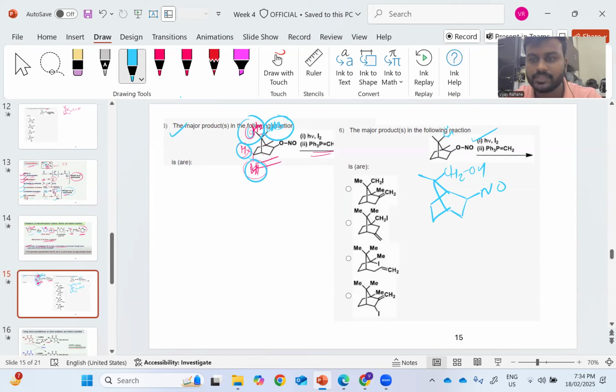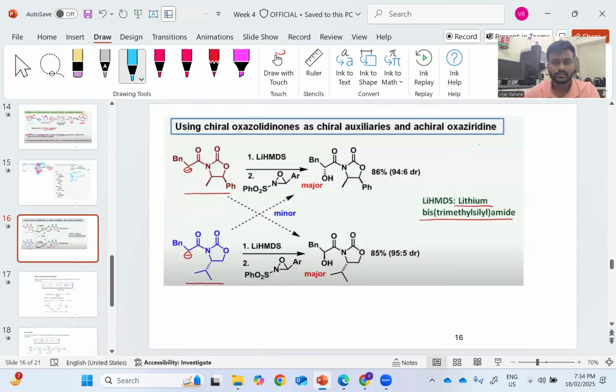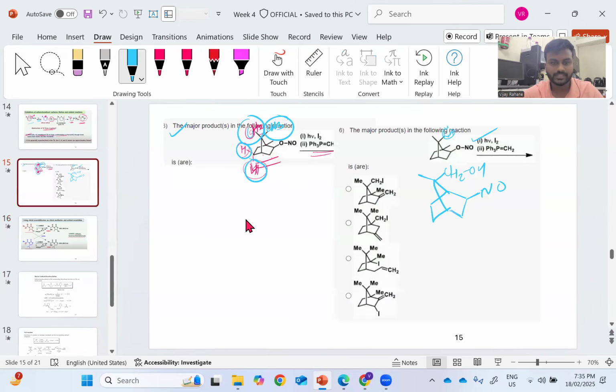So this will be the first step, in which the methyl group on the same side as the ONO bond will get activated by using only the light. So that was the first step in this one.